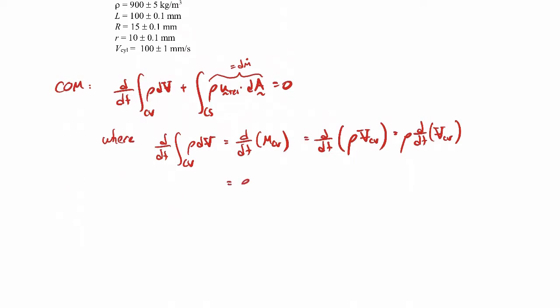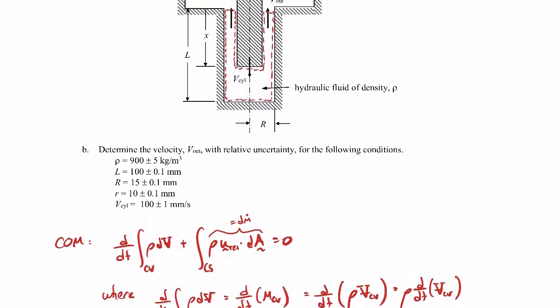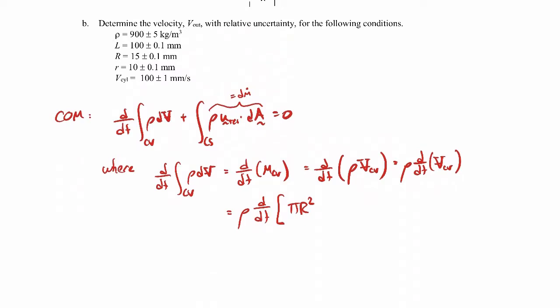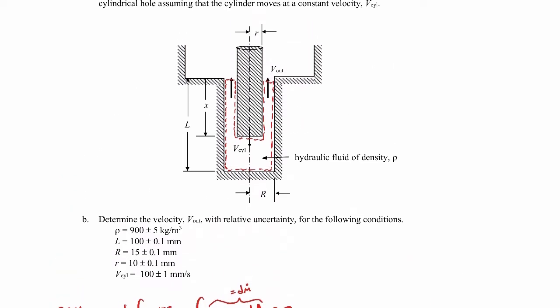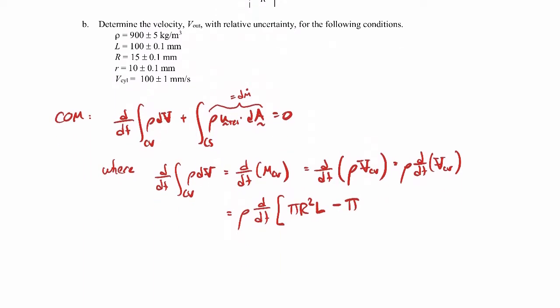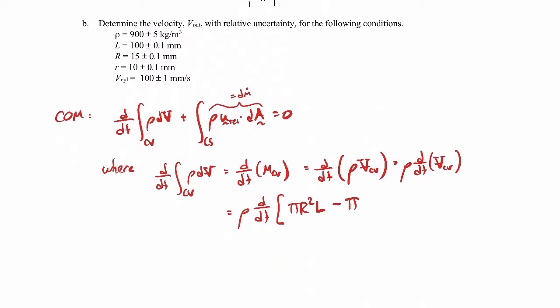This will be the density times the time rate of change of the volume of the outer cylinder, which is pi R squared times L, that's this distance here, minus the volume of the inner cylinder, which is pi r squared times x. X varies here, it depends on the time.